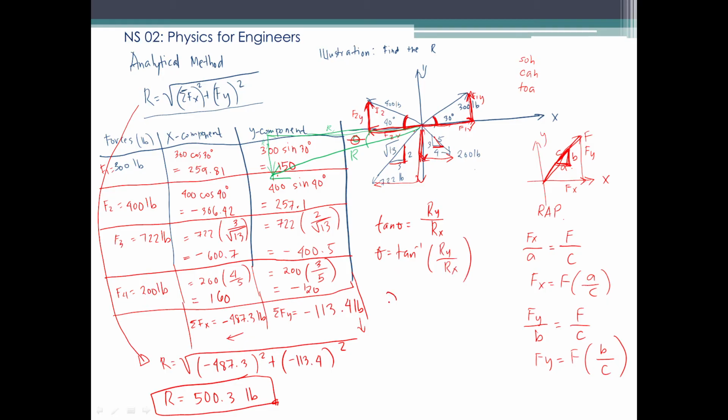So you get the theta now, 13.1 degrees. So, okay. So that is now our final answer.